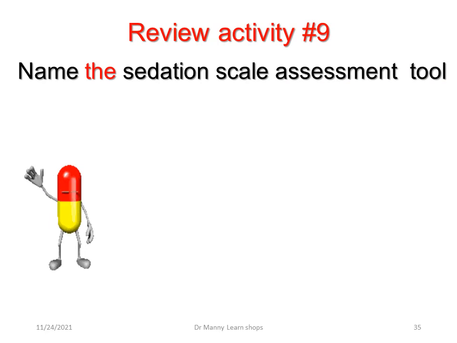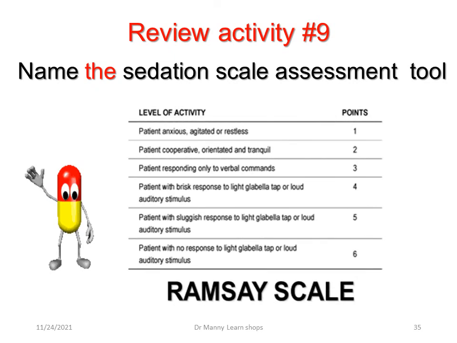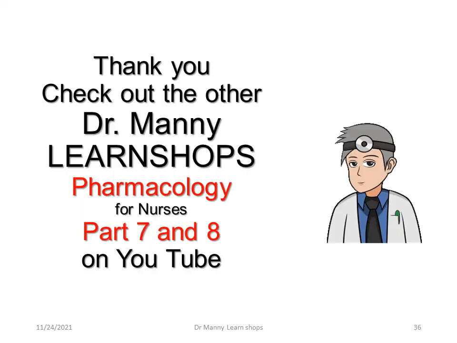What about the sedation scale assessment tool? Can you remember what it is? It's the Ramsay scale, which in this case has 6 levels. You want between 3 and 4 points.